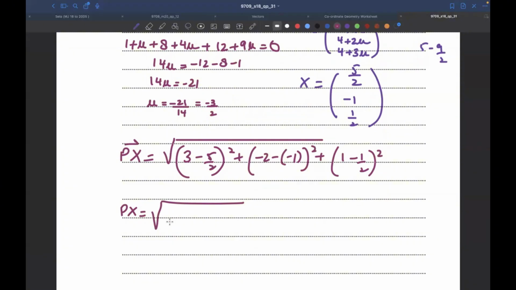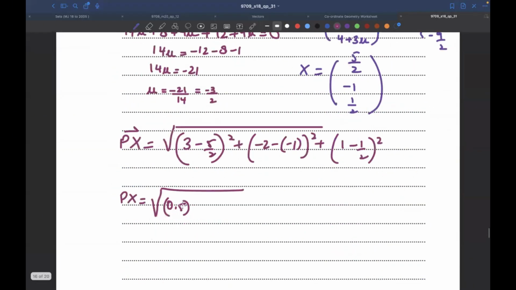So this will become 0.5 squared plus minus 1 squared plus 0.5 squared. Substituting this in the calculator, 0.5 squared plus 1 squared is 1, plus 0.5 squared again, and then the square root of the answer gives 1.224. So the distance PX is 1.224, and as we have to give it to three significant figures, the final answer will become 1.22.